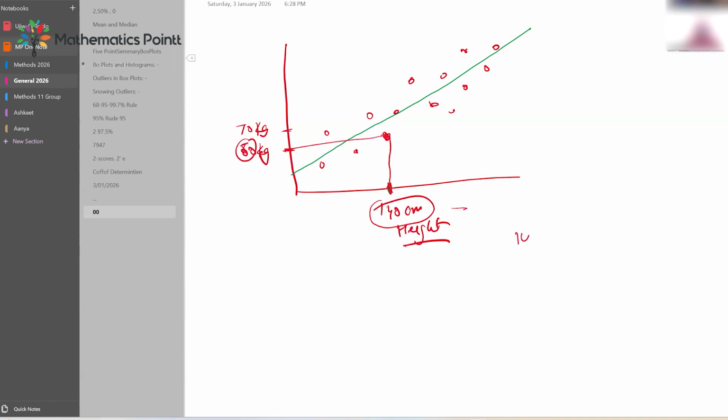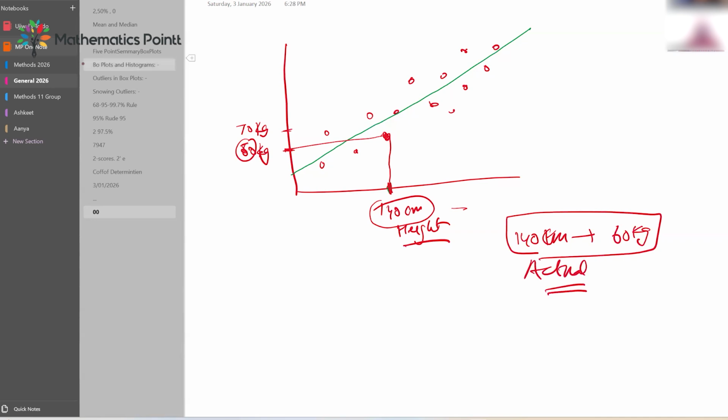So you'll say for 140 centimeters, the weight is 60 kilograms. This reading is called the actual reading. The actual reading.